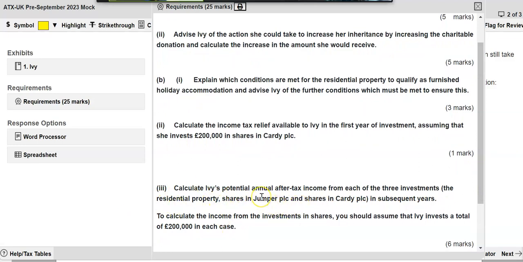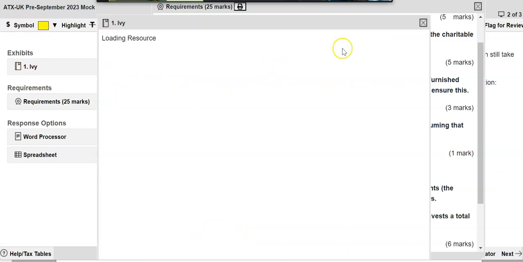Sorry, you didn't understand the scenario. To calculate the income from the investment in shares, you should assume that Ivy invests a total of 200,000 in each case. So the full investment has been made, right? Let's move to the scenario.